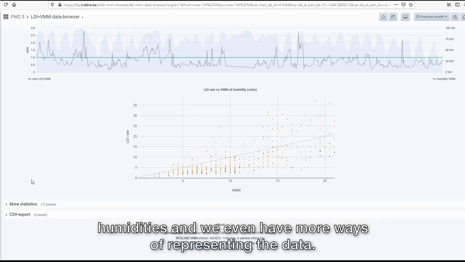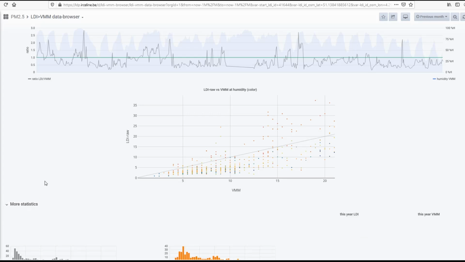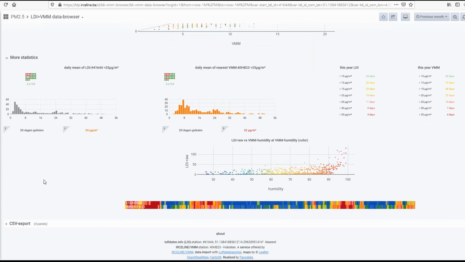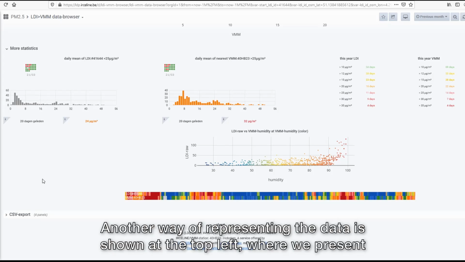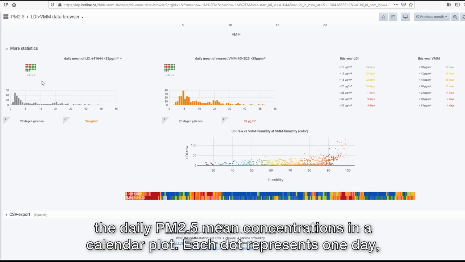And we even have more ways of representing the data. Another way of representing the data is shown at the top left, where we present the daily PM2.5 mean concentrations in a calendar plot.